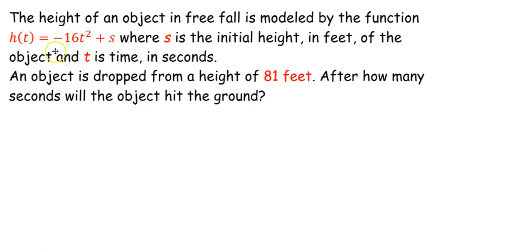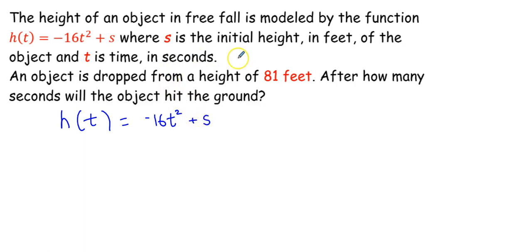Given this h of t, we always have to read the question once or twice for better understanding. So h of t is the function for a freely falling body: h of t is equal to negative 16t square plus s.